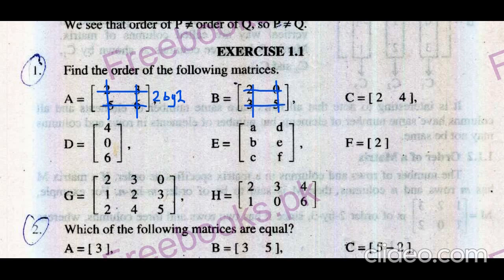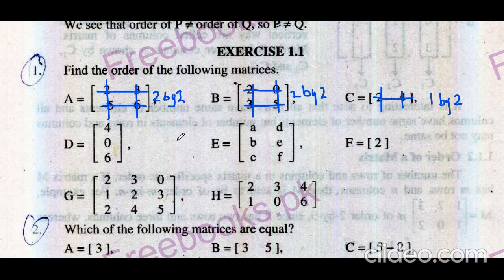The order of this matrix is also 2 by 2. What is the order of matrix C? There is 1 row and columns 1, 2. So the order of matrix C is 1 by 2.